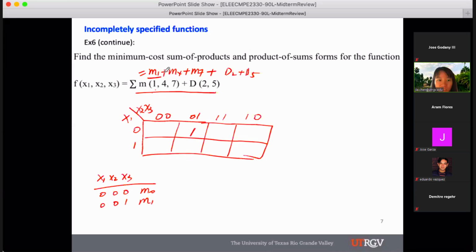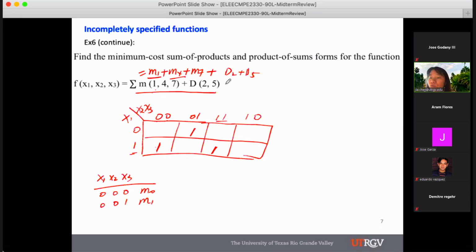Okay, M1 is finished. Now M4. M4 is 1, 0, 0. This is M4, so this is 1. Then 7 is 1, 1, 1, so that's why this is 1.